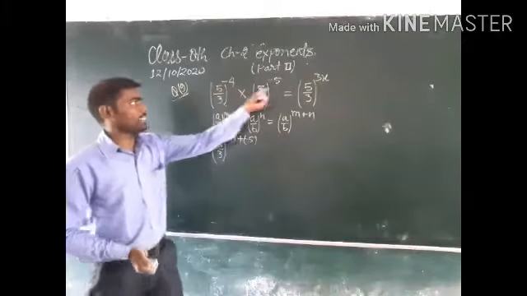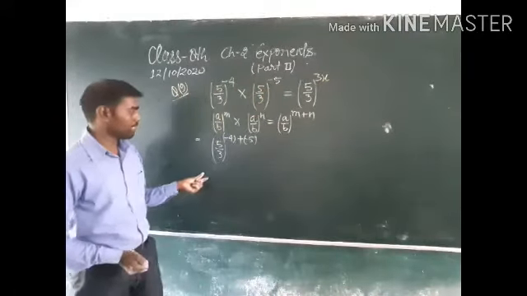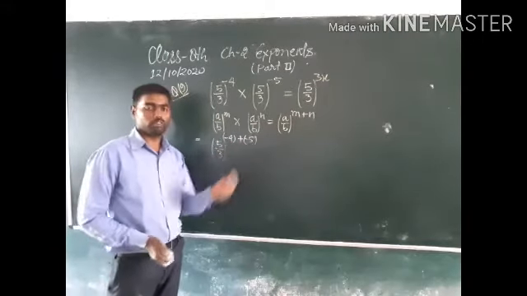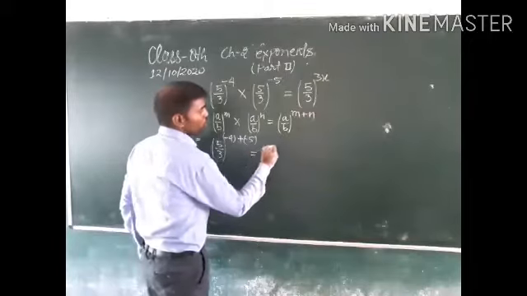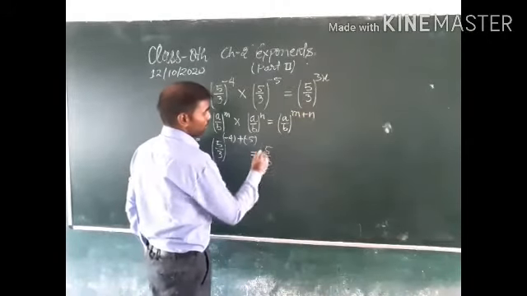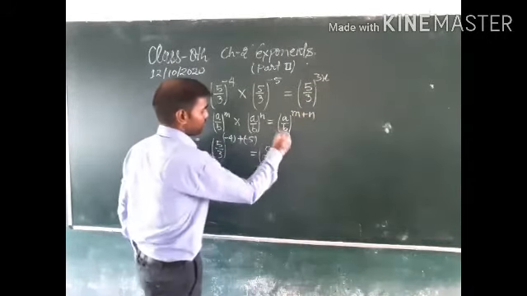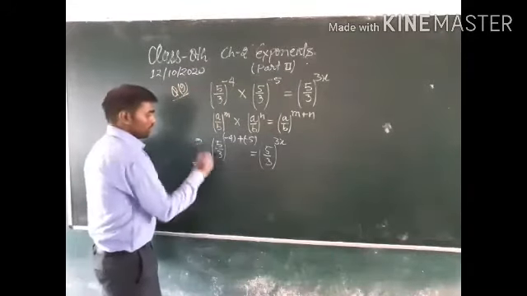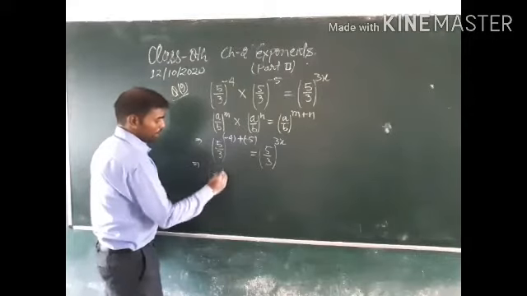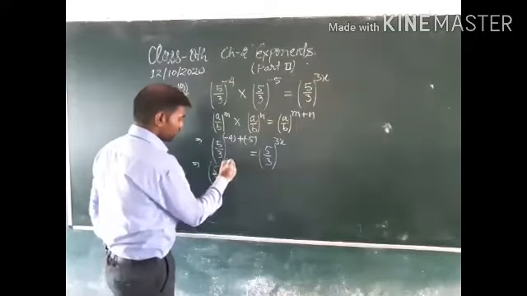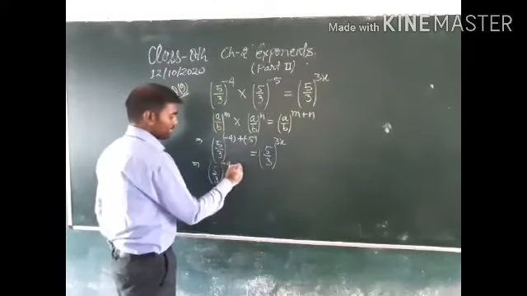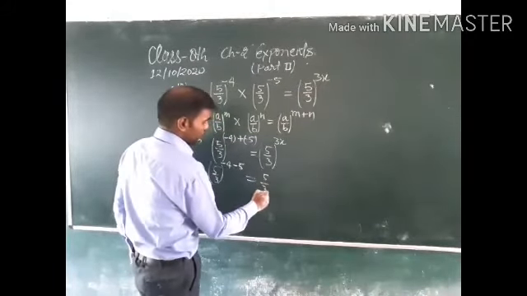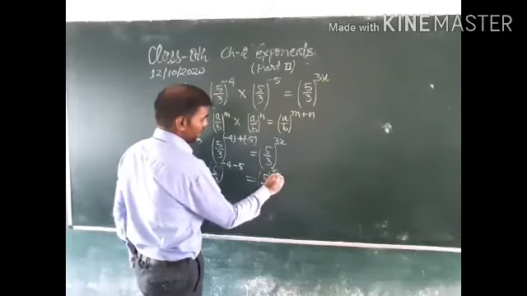This part is a and this part is b. So it can be written as minus 4 in bracket plus in bracket minus 5, and this is equal to (5/3) to the power 3x. Also, plus into minus is minus, so it is equal to (5/3) to the power 3x.